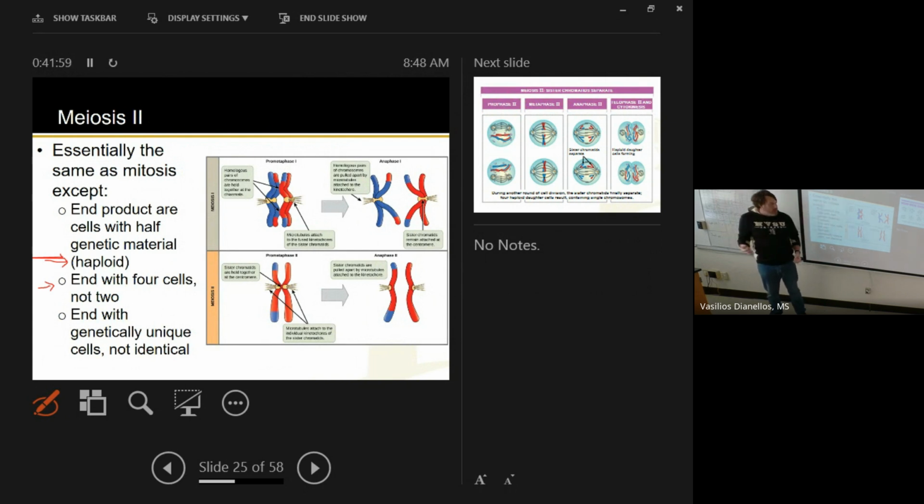But because of crossing over, maybe this one has mostly dad with a little bit of mom, and maybe this one has about half dad and half mom, right? All because of crossing over. So once again, the numbers are astronomical, and we'll talk about them later. But yes, definitely know the difference between meiosis and mitosis.